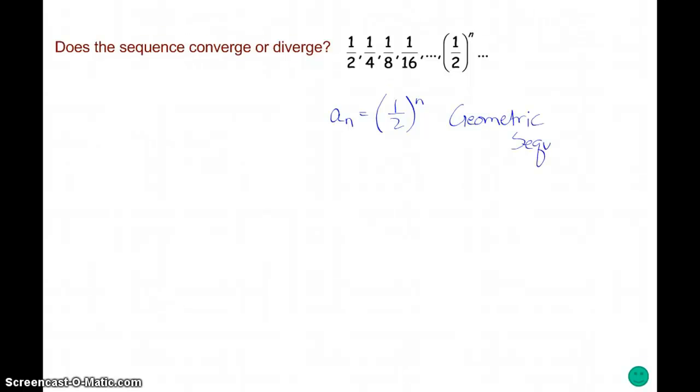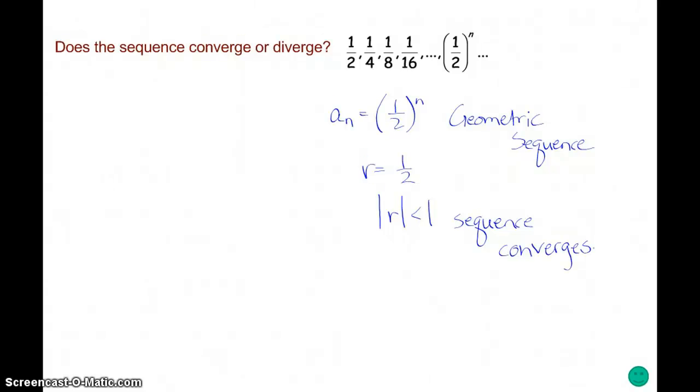And remember, all we have to do when we're talking about convergence or divergence of a geometric sequence is, number 1, for the AP reader, recognize it as such, and number 2, show them that we recognize that when the absolute value of r is less than 1, as it is in this case, the sequence converges.